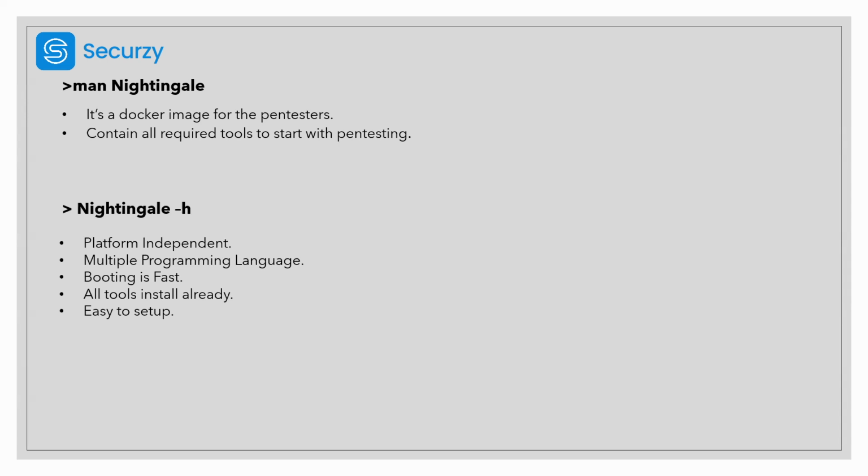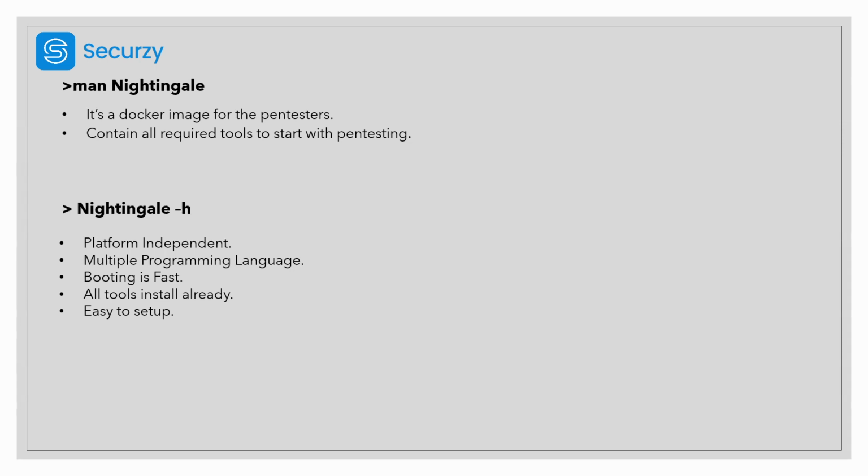I believe most of the participants who have joined this session have also faced this problem: setting up a virtual machine one day, and the day after tomorrow your virtual machine crashes, and you have to set up all the tools, configuration and other things again and again and again.